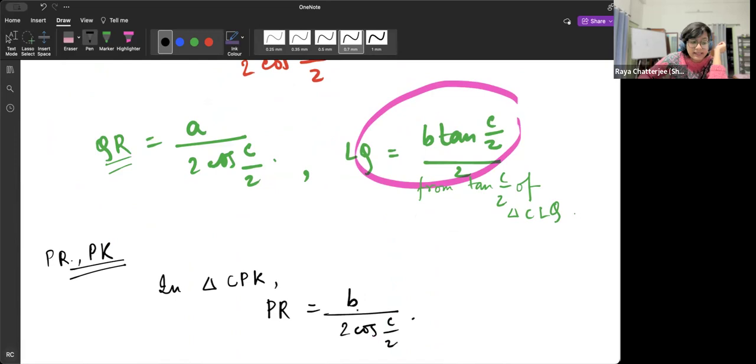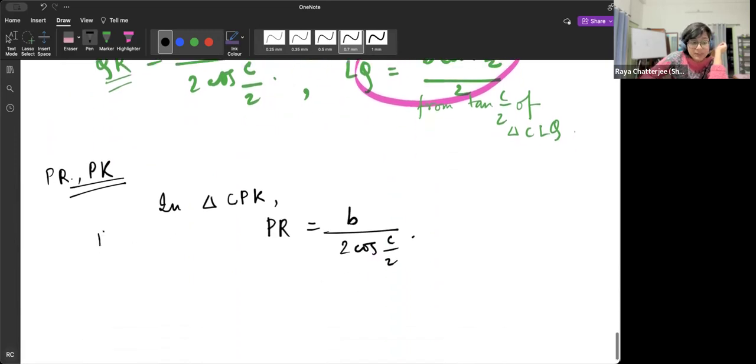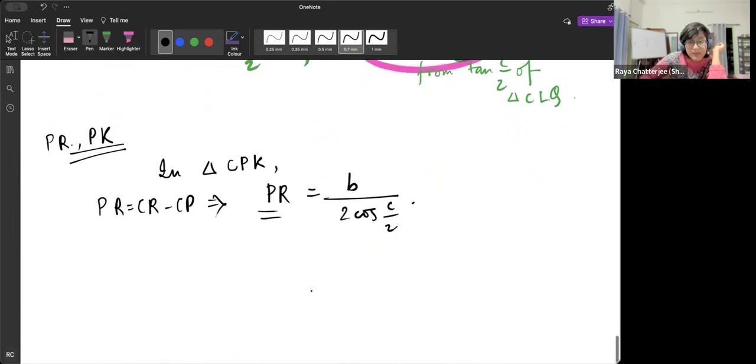After subtracting lengths, I knew that PR is going to be equal to CR minus CP, which gives me this. PR is B by 2 cos C by 2. And similarly, I can find PK is A tan C by 2 over 2.